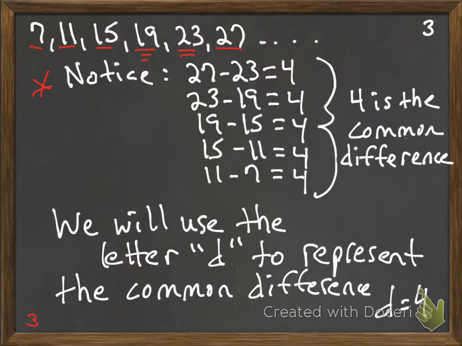When this happens, you have found what's called a common difference. We're going to use the letter D to represent the common difference of an arithmetic sequence.